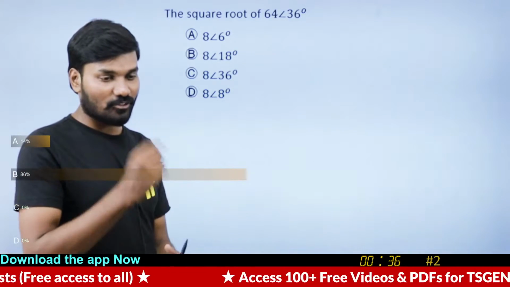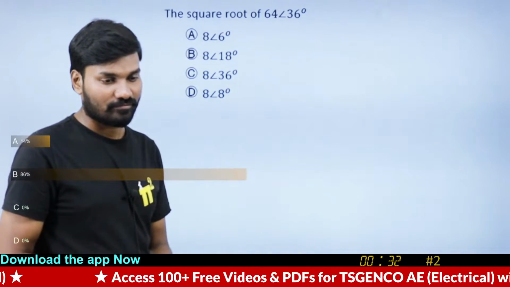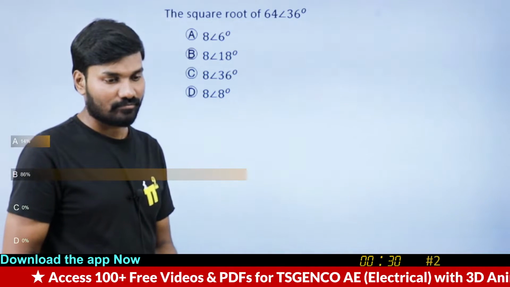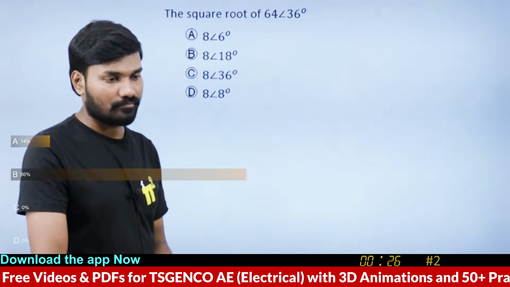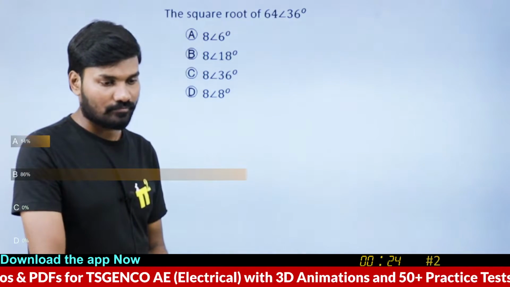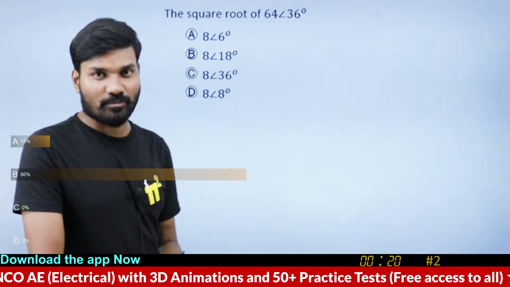Just by looking at it you're able to answer, that's good. But you have to just give option B. So simple questions. I expect everybody to respond for this. You should try. Don't just look at it.